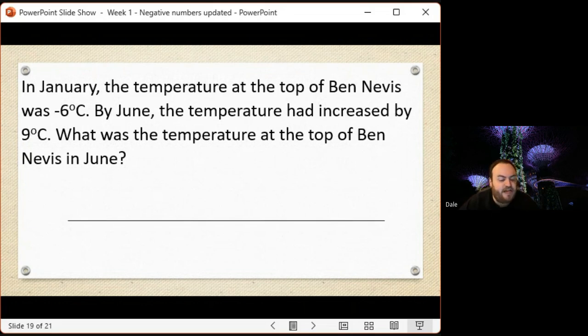In January, the temperature at the top of Ben Nevis was -6 degrees. By June, the temperature had increased by 9 degrees. What was the temperature at the top of Ben Nevis in June?